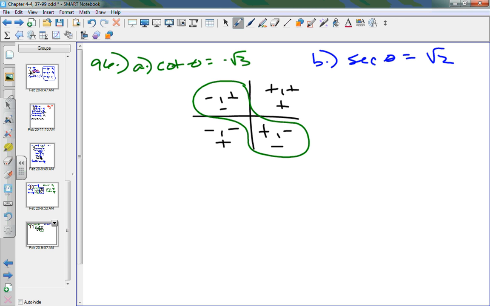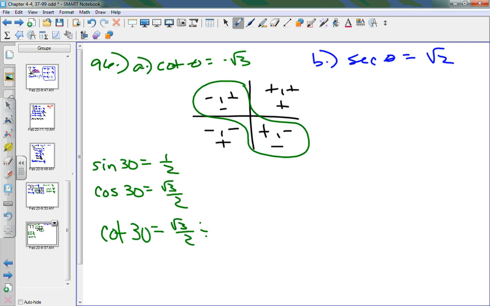30. So if I'm going to do the sine of 30 degrees, the sine of 30 degrees is going to be 1/2. The cosine of 30 degrees is going to be square root of 3 over 2. The cotangent of 30 is going to be my cosine divided by my sine, which is going to be the square root of 3 over 2 times 2 over 1 to give you the square root of 3.